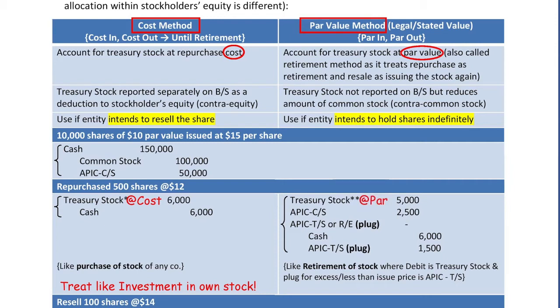But then you want to debit the entire issue price. So put a box around 5,000 and 2,500 and write issue price. Treasury stock is taken at par. The balance goes to APIC common stock. The plug on the credit or the debit is to APIC treasury stock. So guys, what we're doing is treating it like retirement of stock.